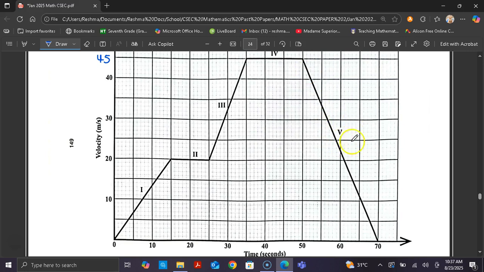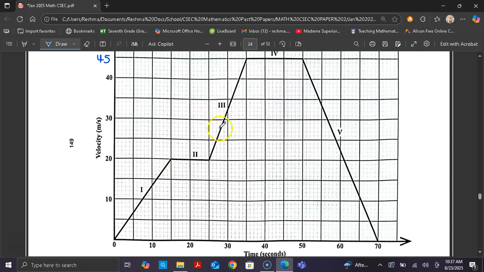So we're not going to look at part 5. We want to find the maximum acceleration. The parts of the graph where the car is accelerating, where we have a positive gradient, will be stages 1 and 3. So which one of these would give the maximum acceleration? We have to look at the gradient of both of these lines.